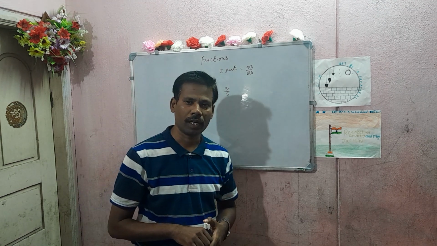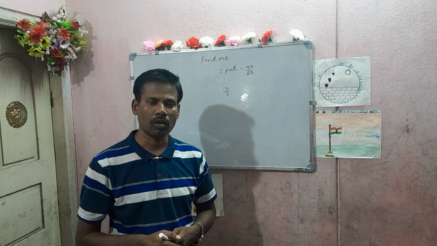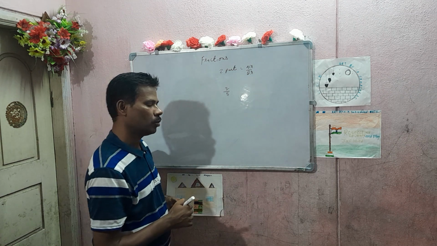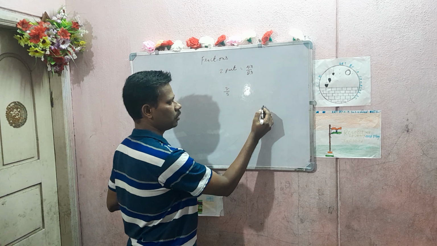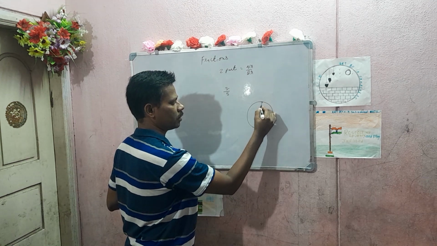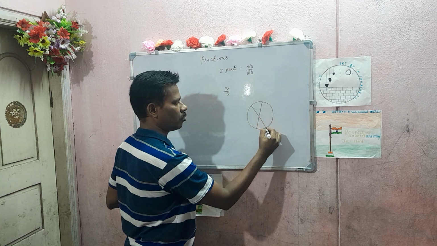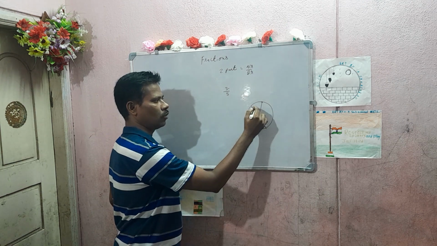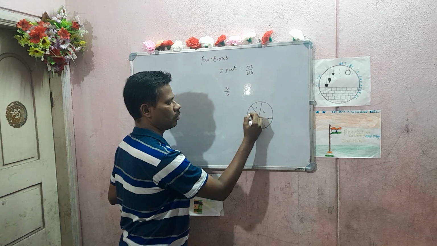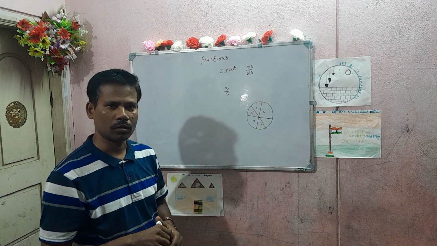So fraction, what do you mean by fraction? It is a part out of a whole. Part out of a whole means, suppose it is your birthday and your father bought a cake, and some children came to your house.